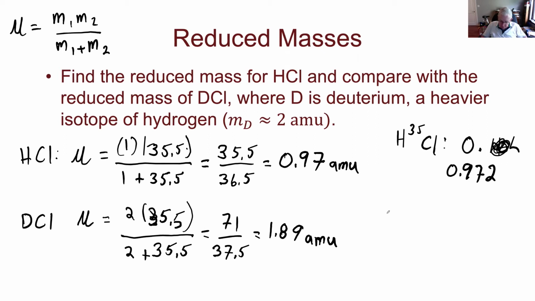And if I did H with chlorine 37, which is the other stable isotope of chlorine, then I would get 0.949.